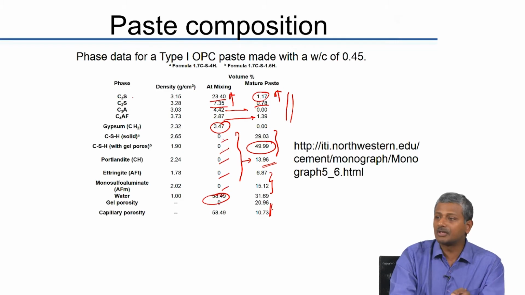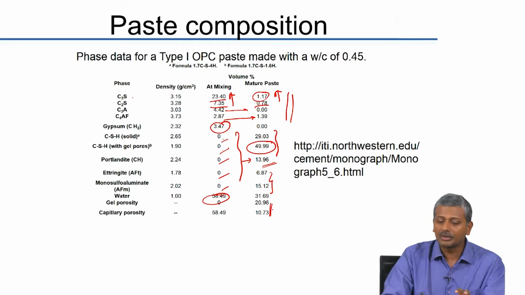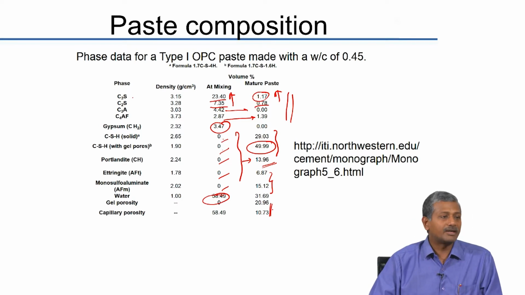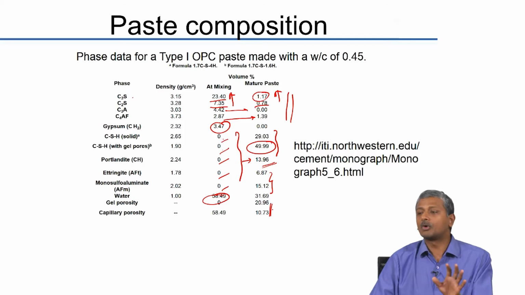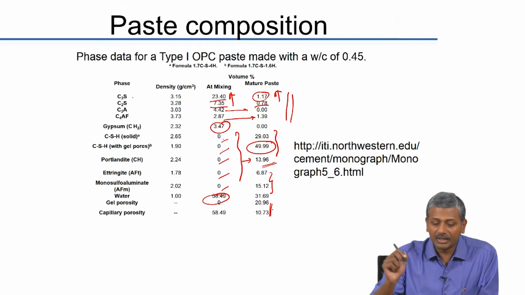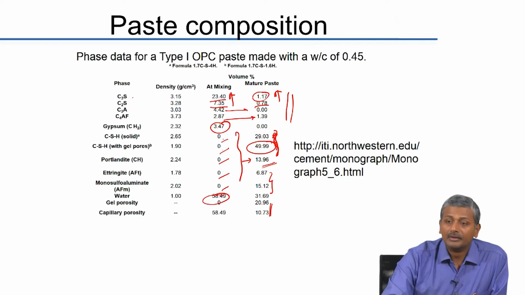Here it is the other way around, okay, because what has happened is your gel porosity is higher because of higher degree of hydration in the system. Okay. So this is how your cement paste or mature cement paste after about 1 year of hydration looks like. Okay, essentially what we are saying is your cement paste will have a greater volume of CSH and calcium hydroxide. Sorry, one thing I was wrong in is you can't total up these two, right.